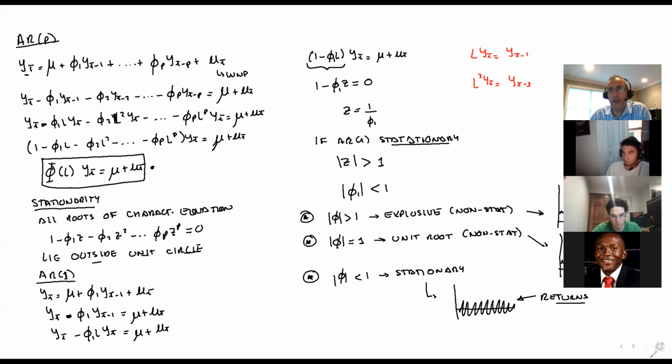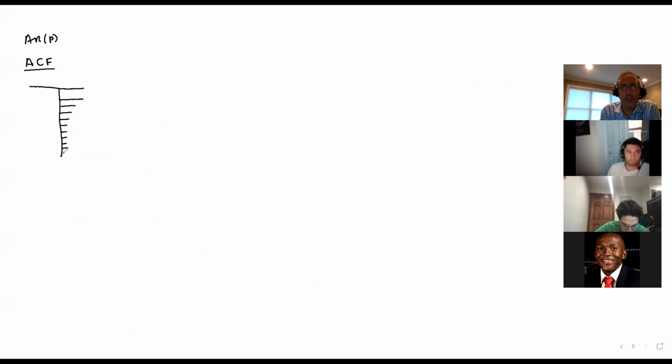So what is one of the properties of the AR process, guys? If you see an AR process, what does the autocorrelation function of the AR process look like? Well, in this case, the AR process is going to be continuous, continuous, continuous.